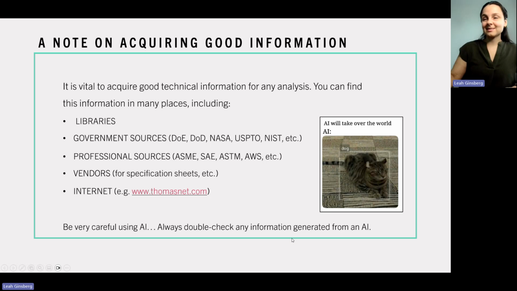It might tell you that this thing that clearly looks like a cat is a dog. And if you don't double check the AI, then smaller errors can wind up becoming really big errors in the end. So bad data leads to bad design, so always verify your sources.